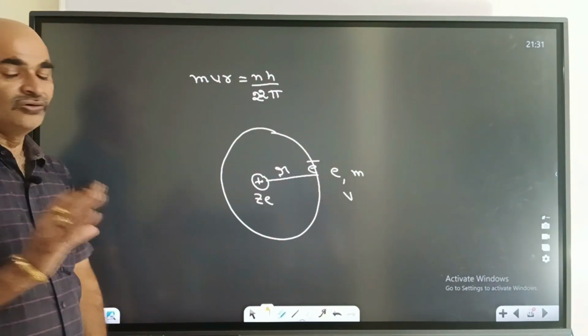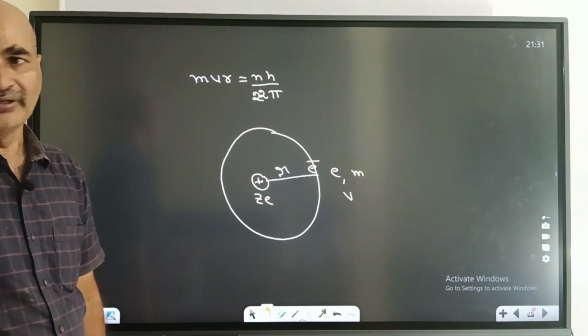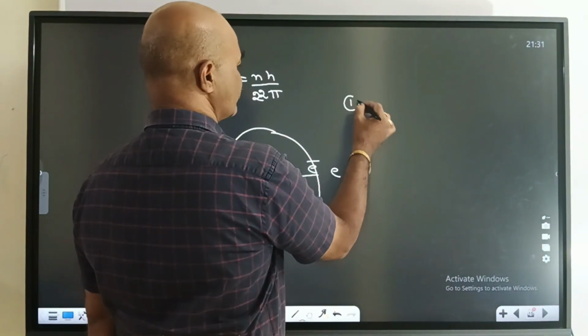There are two forces operating here. The first one is the electrostatic force.